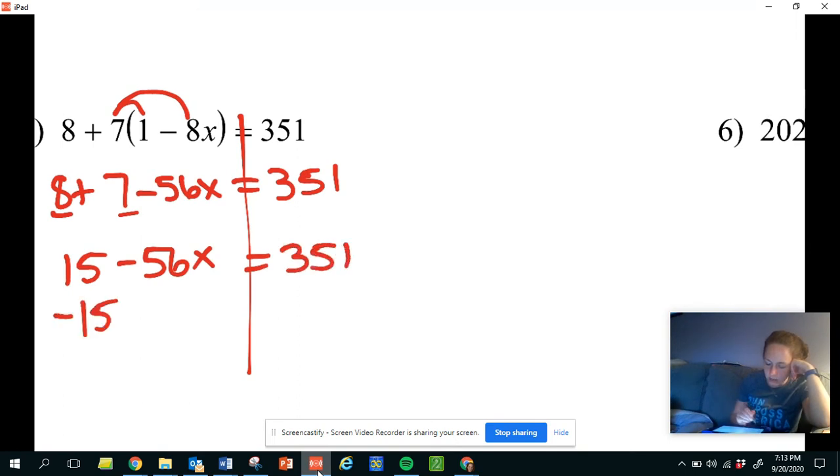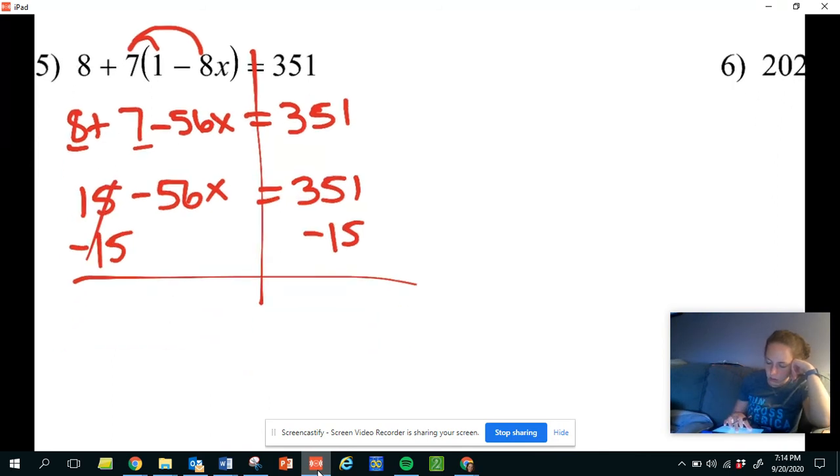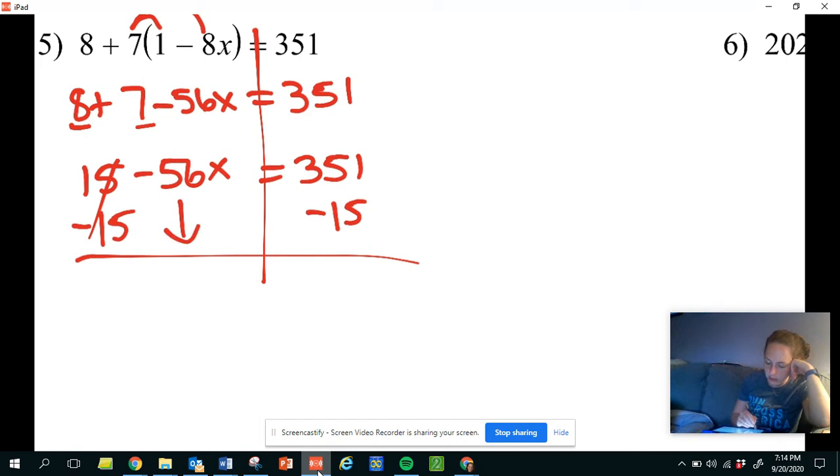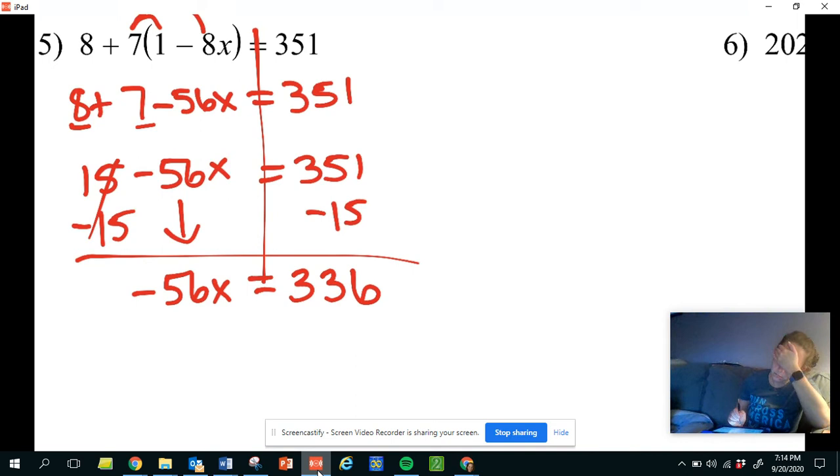I have to subtract 15 on both sides. So this comes down, negative 56x equals 336, right? Cool, okay.